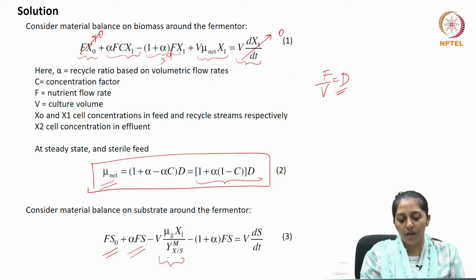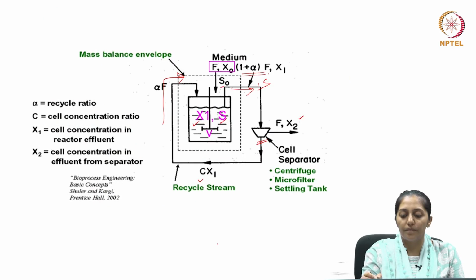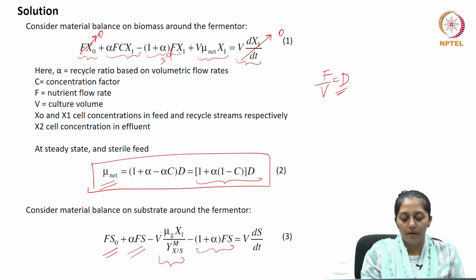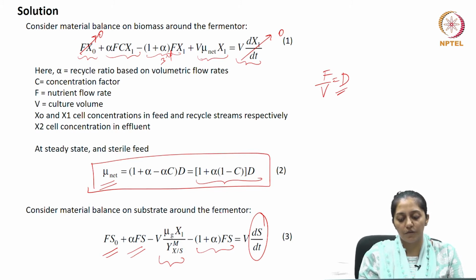The third term stands for the rate of substrate consumption in growth. The fourth term is the rate at which the substrate is going outside in the reactor effluent in this stream, and the net of the right hand side terms will be what gets accumulated inside the reactor. So, dS by dt stands for the rate at which the substrate is getting accumulated inside this reactor with the cell recycle stream.